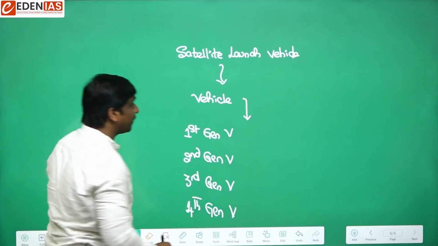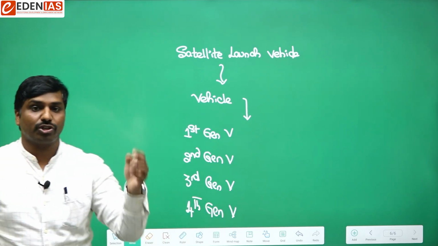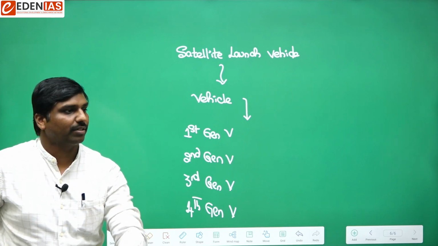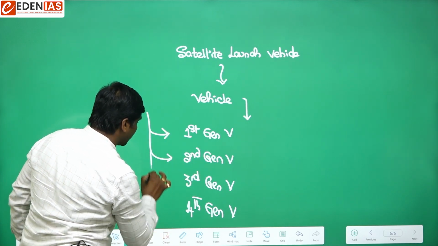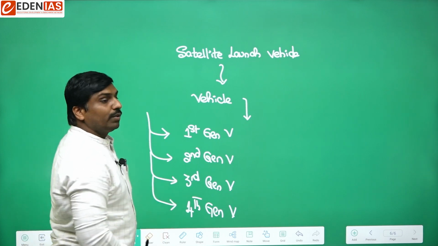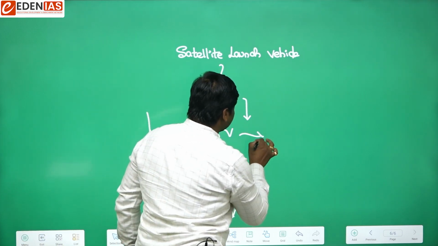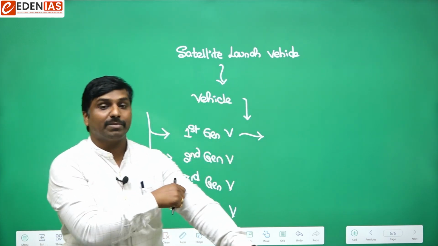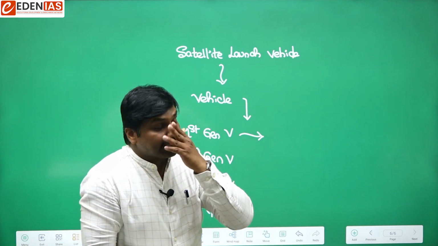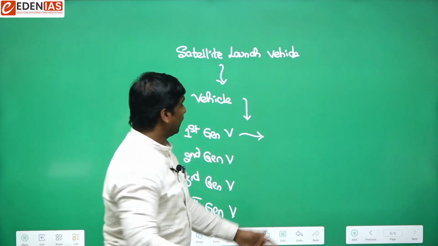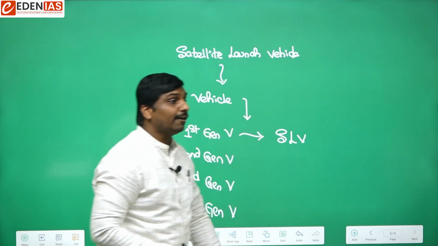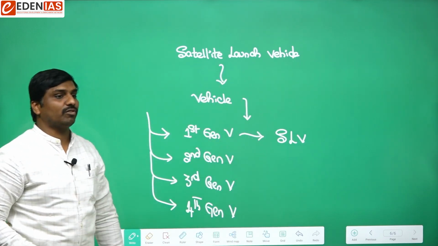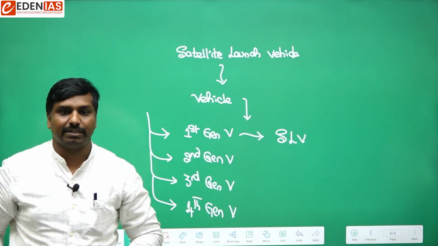That means as of now, we have 4 generations of launch vehicles. If you look from India's perspective, we have something called the satellite launch vehicle. SLV, the satellite launch vehicle, was the first generation launch vehicle that we developed in India.